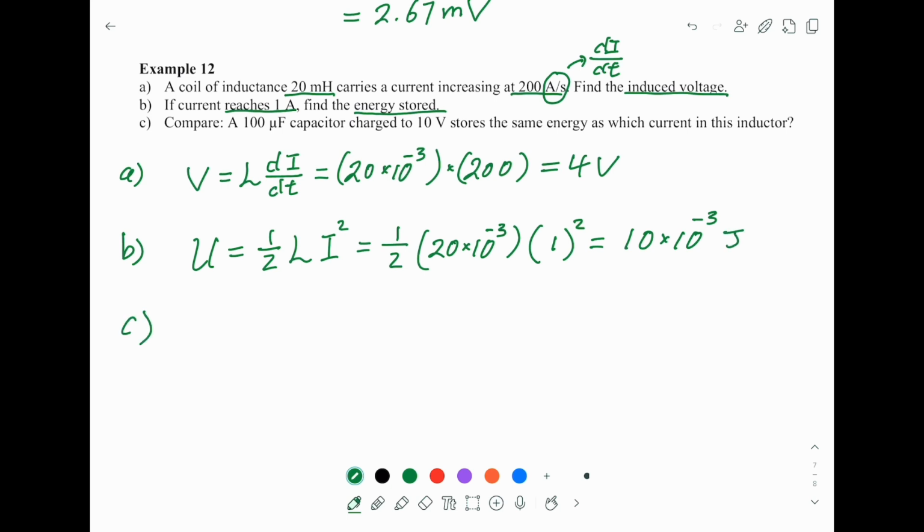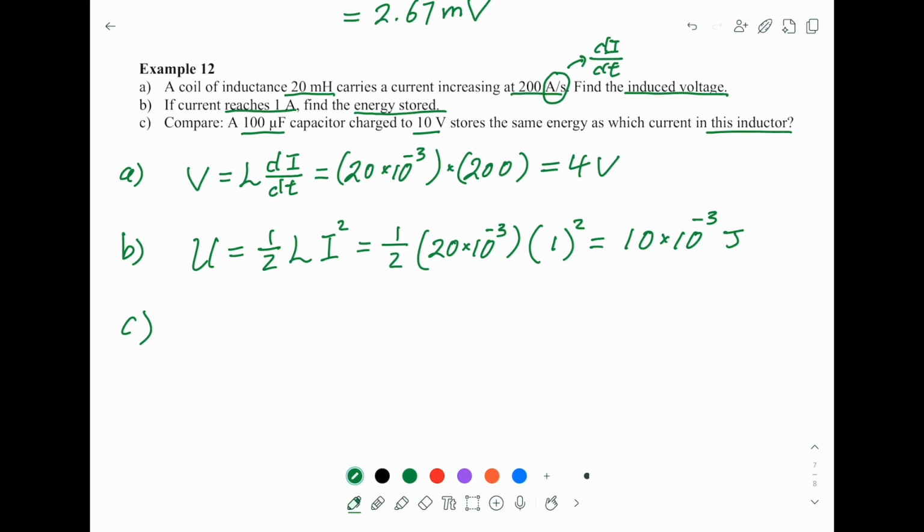C. Compare with a 100 microfarad capacitor charged to 10 volts storing the same energy. What current in this inductor? So first look at how much energy is stored in this capacitor.